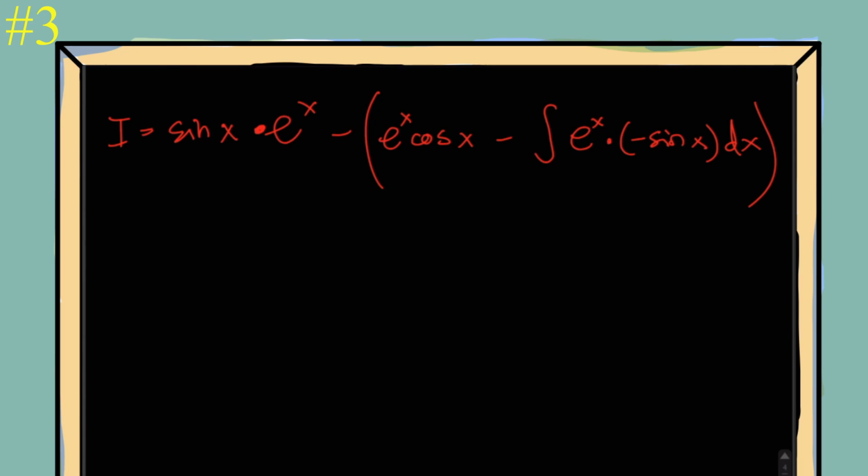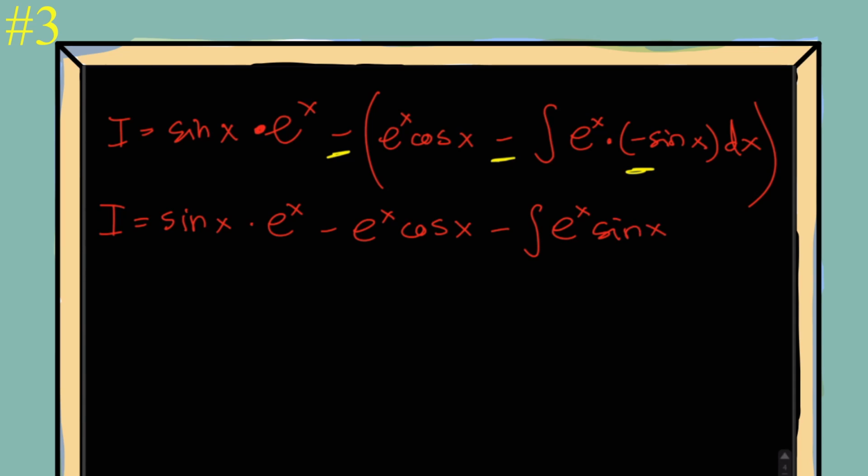Now, if I distribute out the negatives and just simplify things a bit, something should become apparent. Minus e to the x cosine of x plus minus, because there's 1, 2, 3 minuses, so it stays negative, minus the integral of e to the x sine x dx. Well, wait a minute, this is exactly what we started off with.